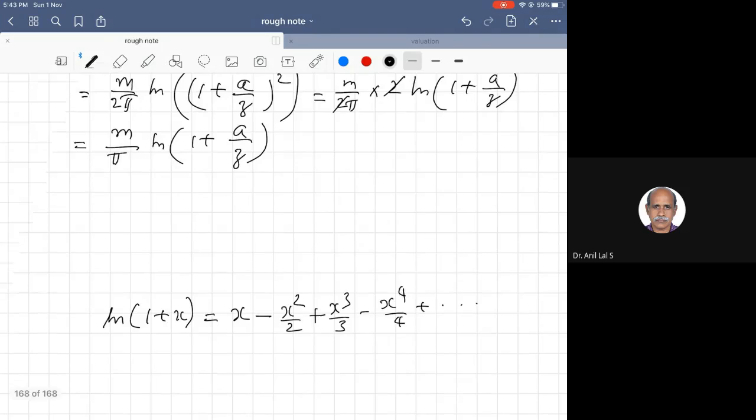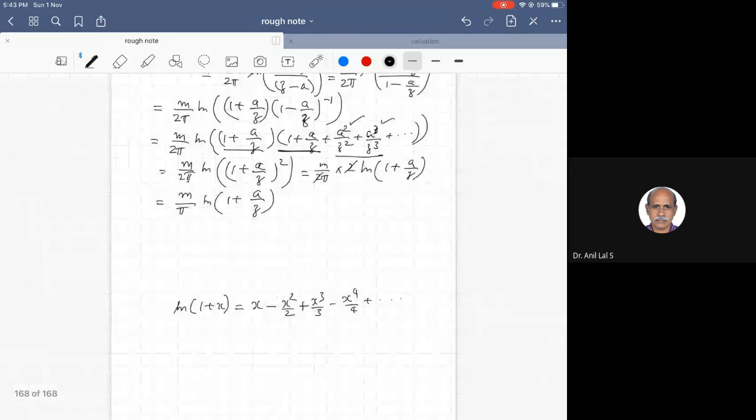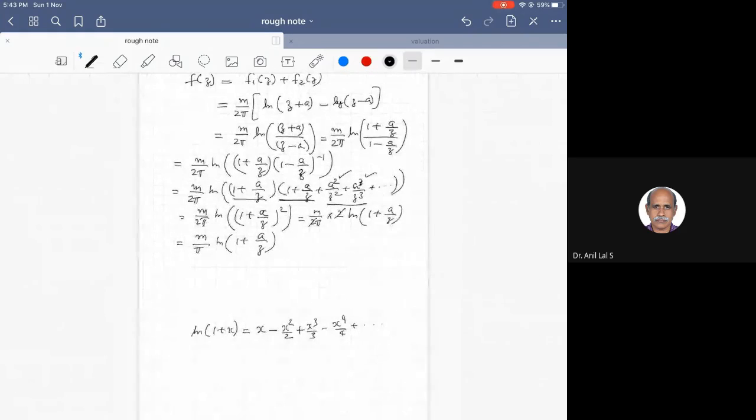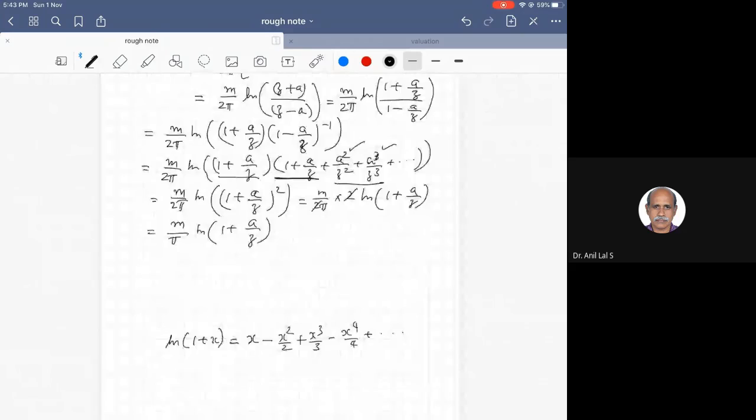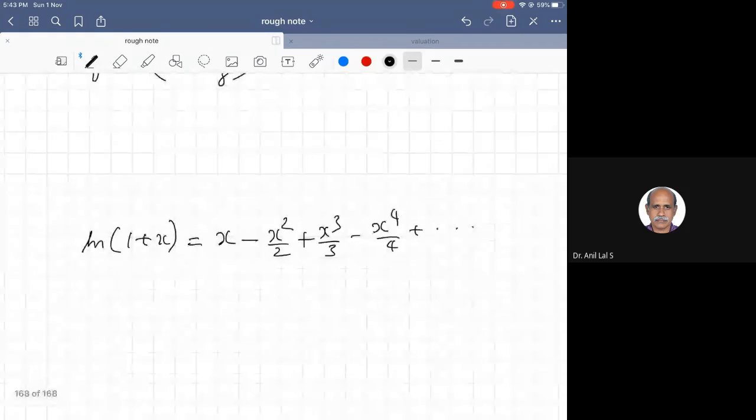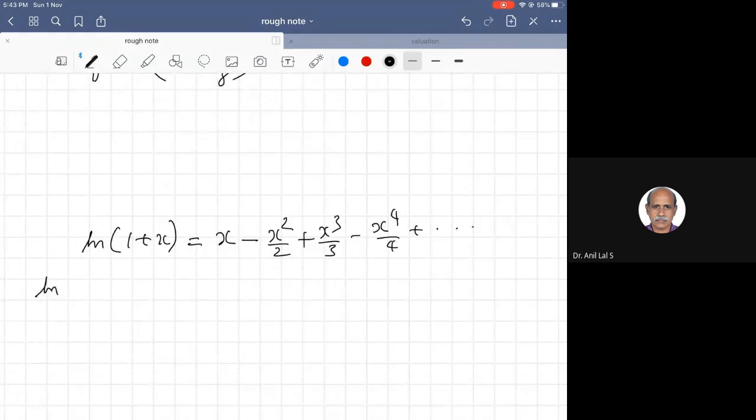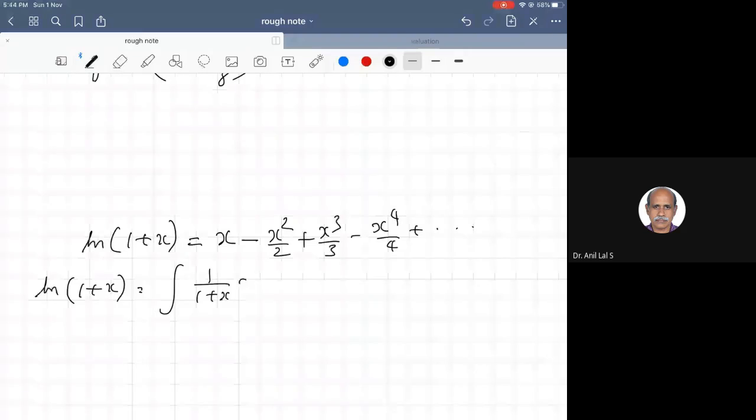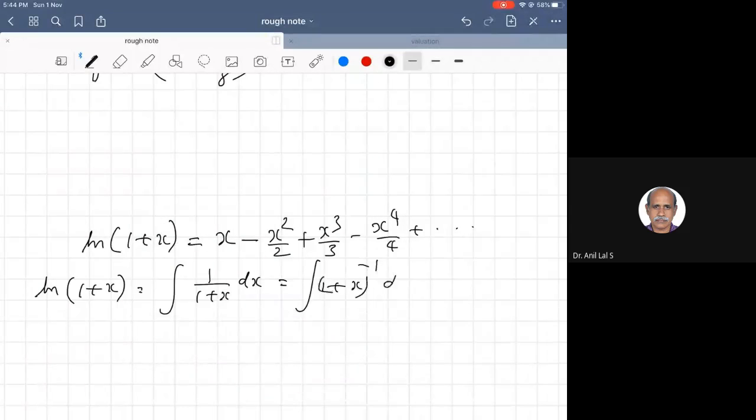Those who don't know, you can easily obtain this expansion if you write logarithm of 1 plus x equal to the integral of 1 by 1 plus x dx, which is equal to the integral of 1 plus x the whole raised to minus 1 dx.